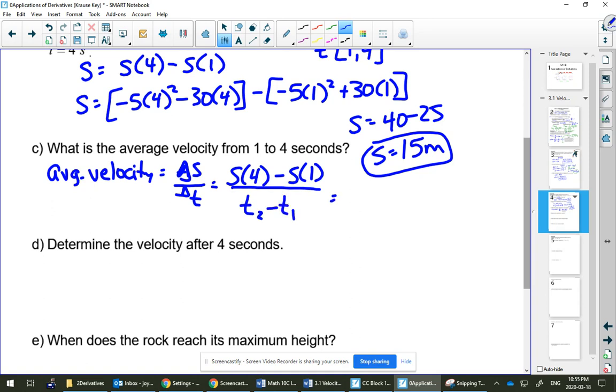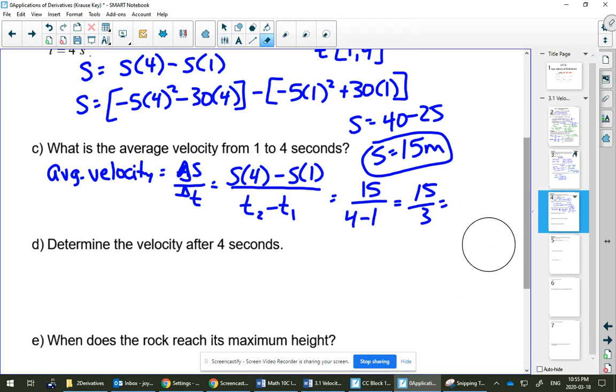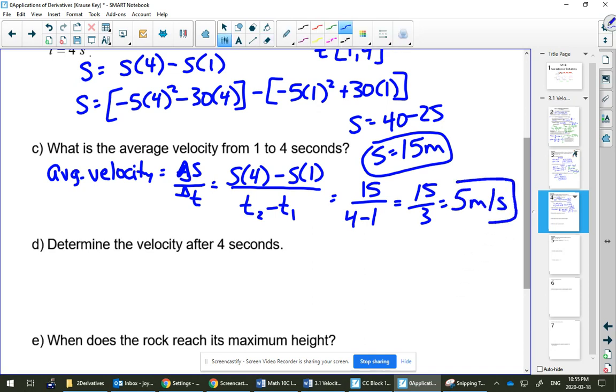So we've already figured out that S4 minus S1 is 15 meters. And 15 meters over 4 seconds minus 1 second is 5 meters per second. So our average velocity between those two time points is 5 meters per second.